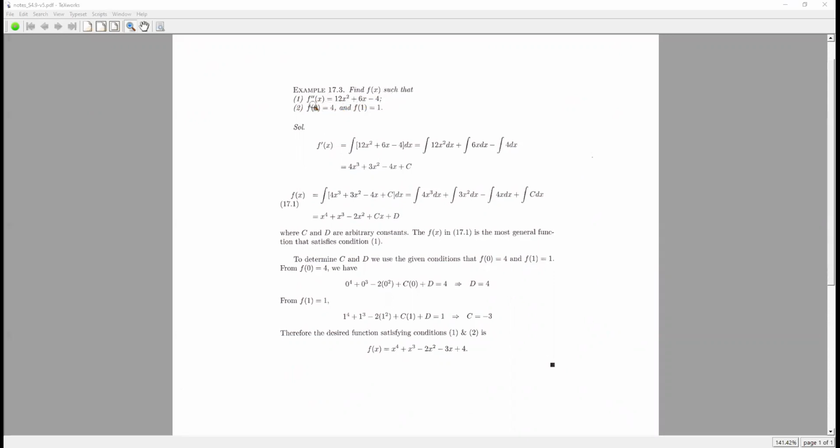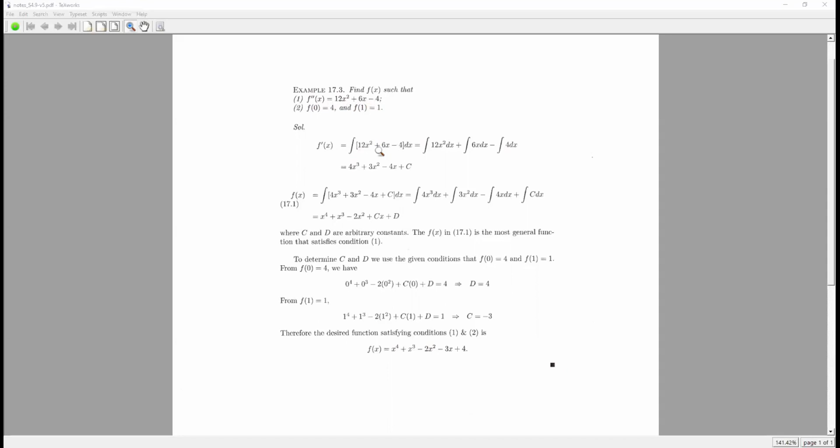The second derivative of function f is equal to this polynomial. So the first derivative of the function f is the indefinite integral of this polynomial. Indefinite integral means antiderivative.